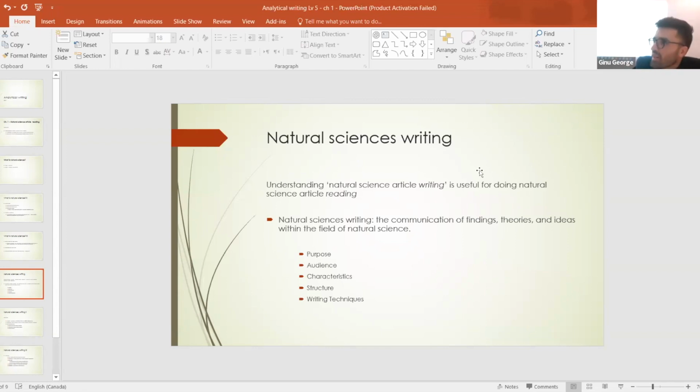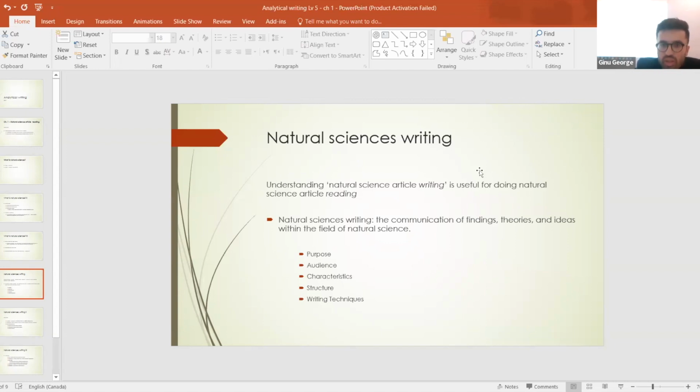If you want to read natural science articles that deal with some scientific topic well, it's useful to understand what a natural science article looks like. And here we're going to look at a few things that pertain to a natural science article.